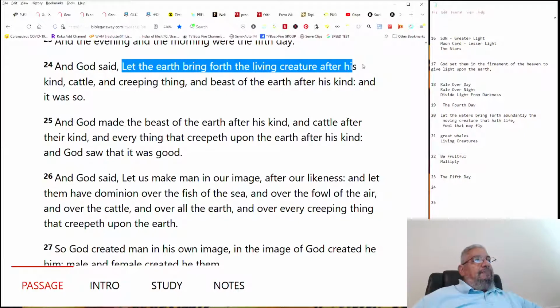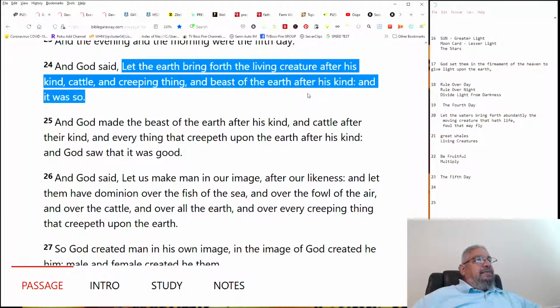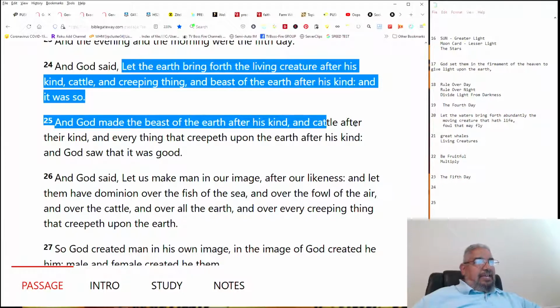Here we go again. Let the earth bring forth the living creature after his kind, cattle and creeping thing, and the beast of the earth after his kind, and it was so. And God made the beast of the earth after his kind, and cattle after their kind, and everything.